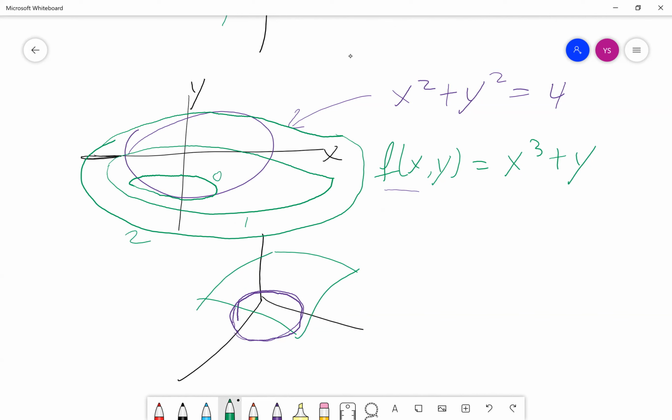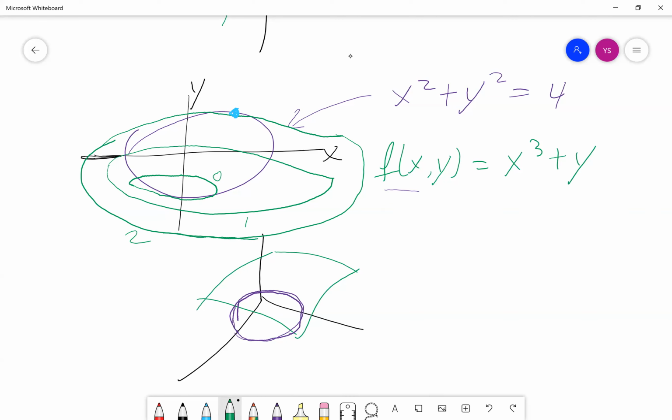Can anyone tell me where is the maximum of my function f? Where does the max happen? On the purple curve. At 2, yeah, and right up on this intersection, right here. This is the maximum, right? No. It's at the level curve 2.